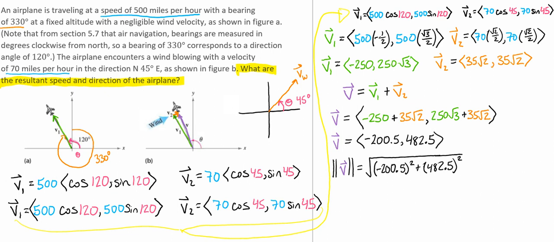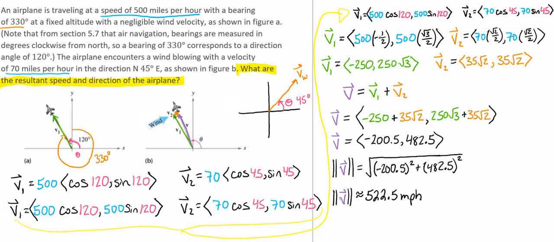If we plug that into the calculator, we get a resultant speed of the airplane of approximately 522.5 miles per hour. And so that's our speed.